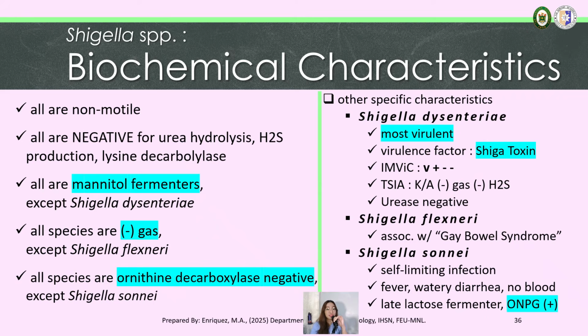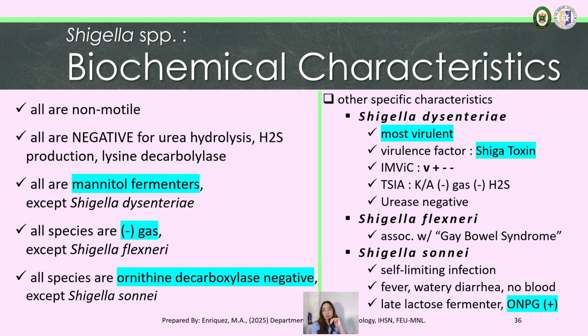All Shigella species are negative for gas production except Shigella flexneri, and all species are ornithine decarboxylase negative except for Shigella sonnei. So again, here are their general biochemical characteristics with some exceptions.